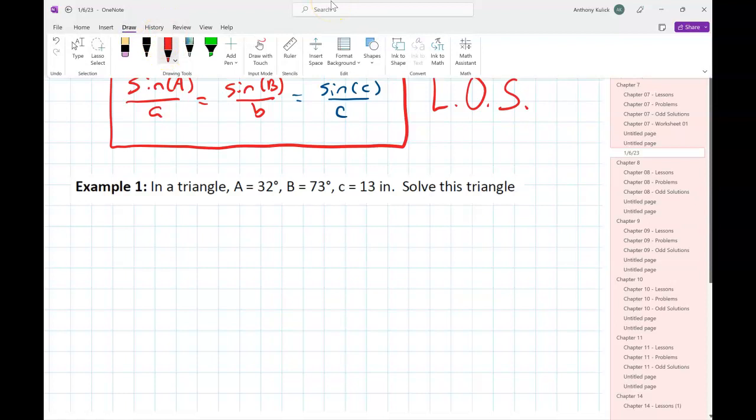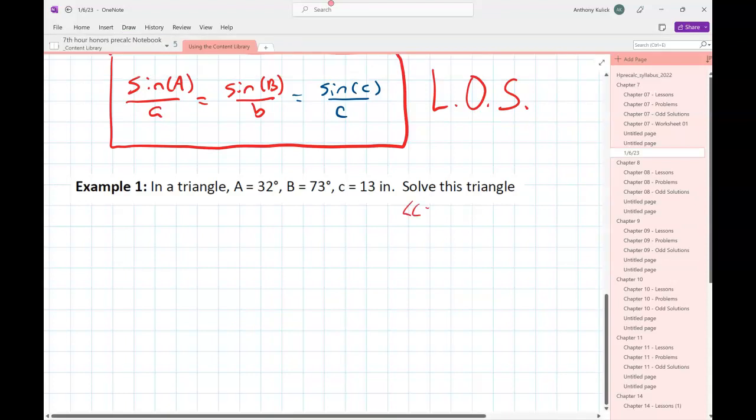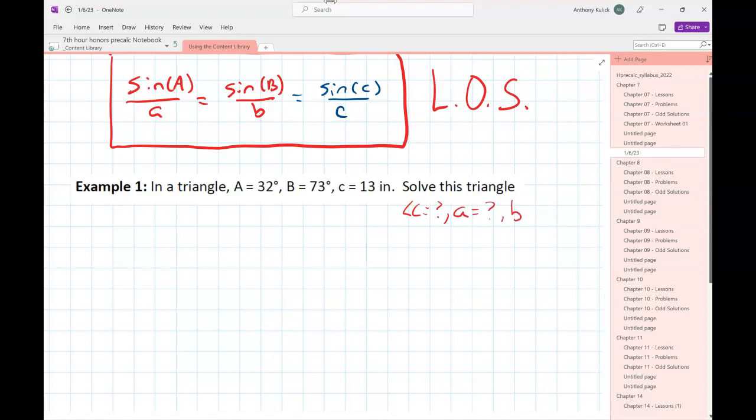In a triangle where angle A is 32 degrees, angle B is 73 degrees, and side C is 13 inches, we're asked to solve this triangle. So that's going to mean we have to find angle C, side A, and side B. Everybody agree with that? First thing I would do is draw myself a picture of what's going on.